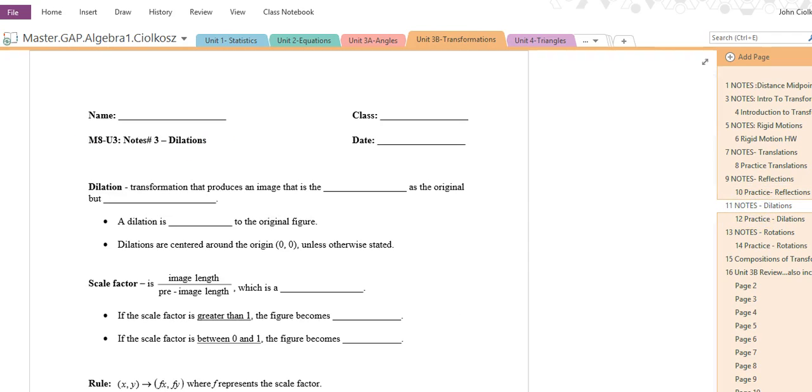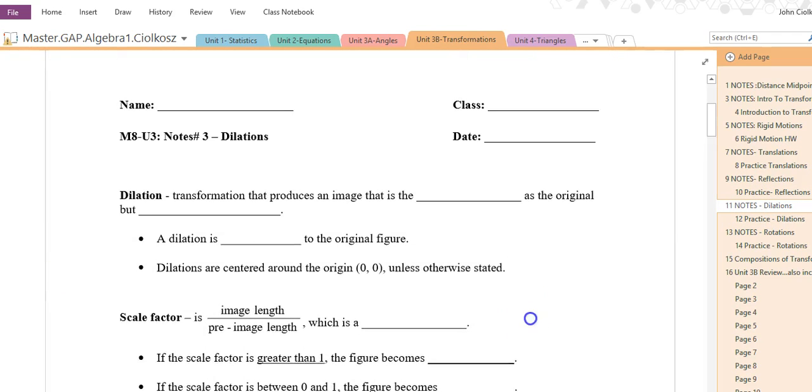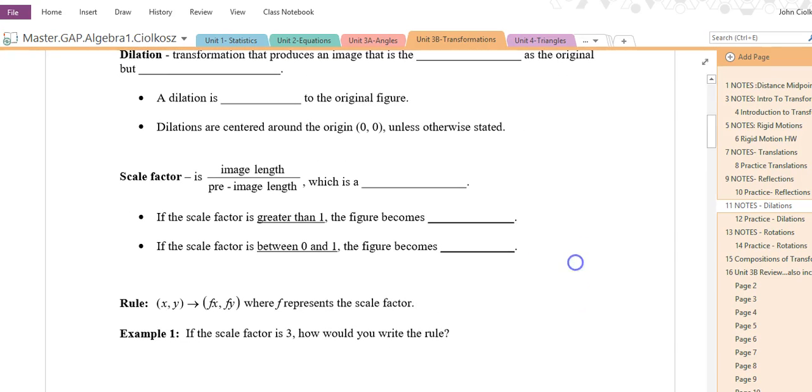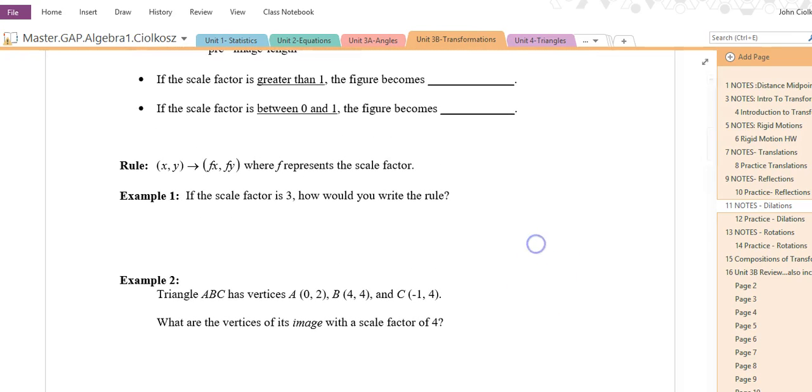Okay, so on 11 here for our notes, we're looking at dilations. Alright, so kind of how to find what's called a scale factor. It's what we're multiplying by, and hint, it's not 1 or negative 1. Dilation is going to give us that non-rigid motion. Okay, so F here in our rule is the scale factor.